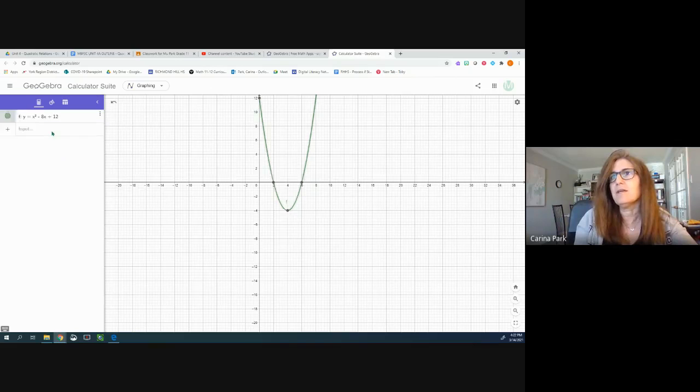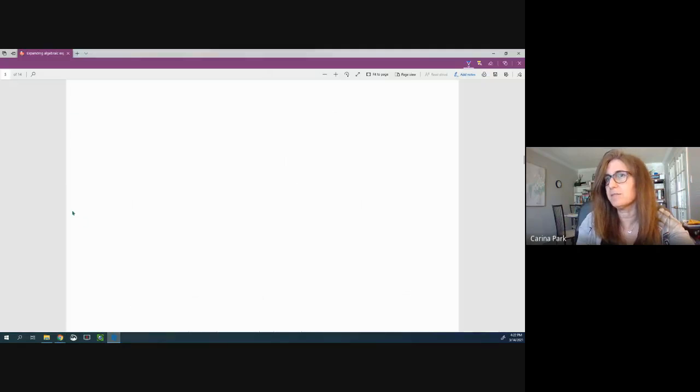The other thing we could do is we could factor this trinomial and graph the parabola in what's called factored form. All right, so I'm going to do that. How do we write x squared minus 8x plus 12 in factored form? So let's go to a piece of paper.